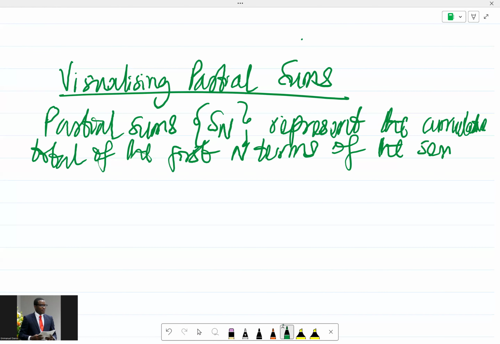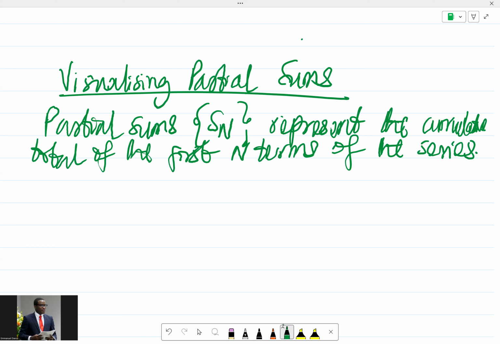Of course, I'm going to demonstrate that pretty soon. So partial sums Sn represent the cumulative total of the first n terms of the series.